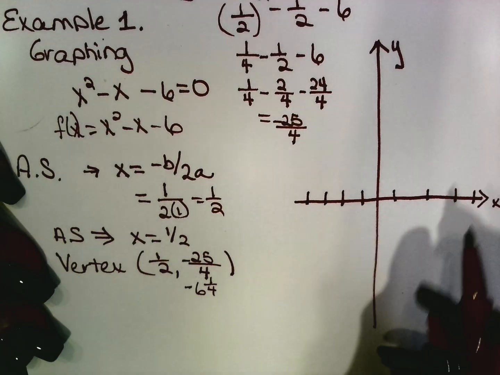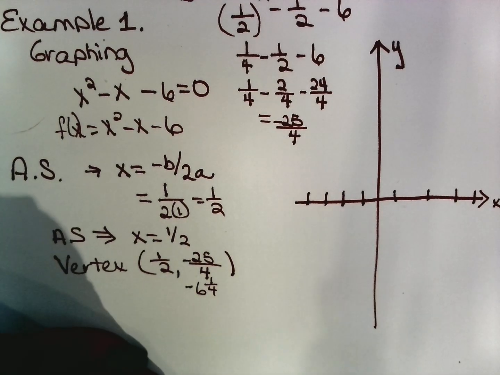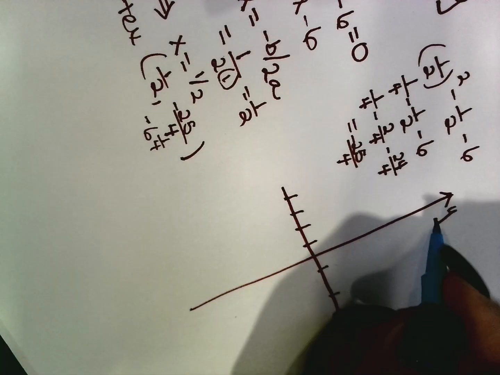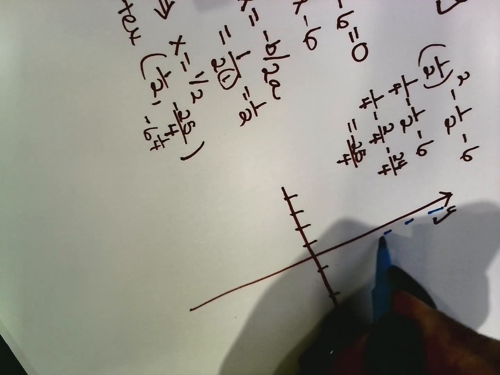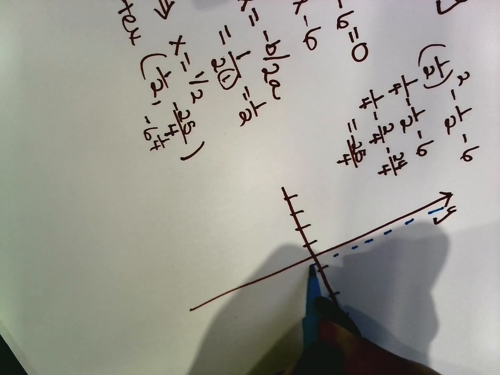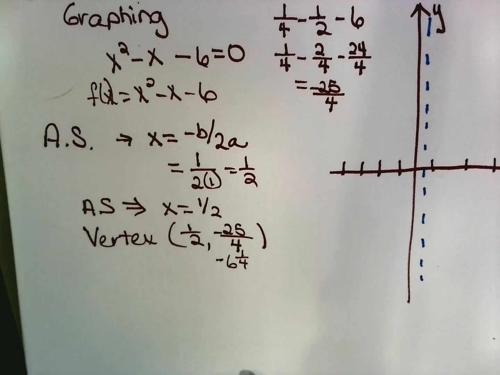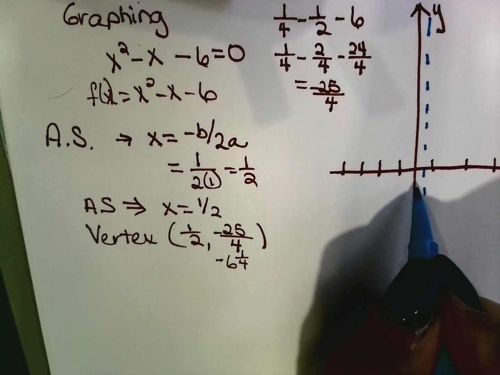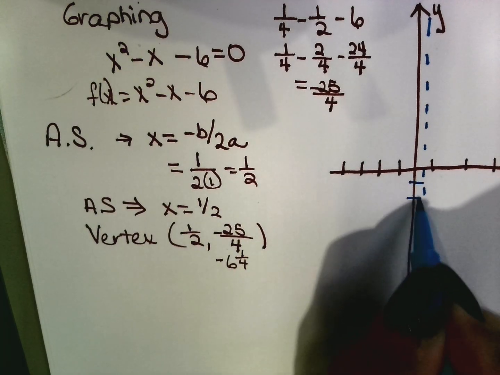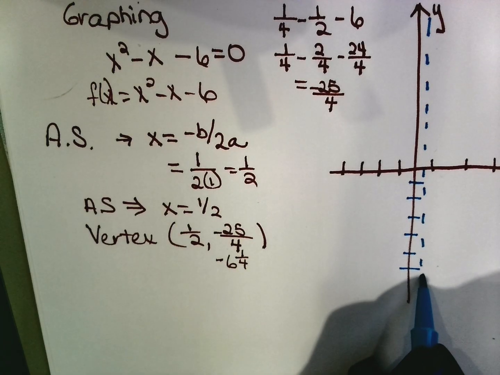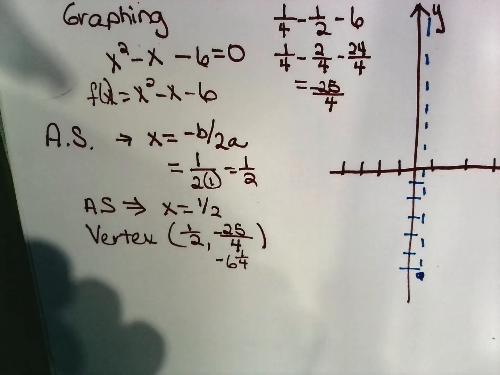All right, so the vertex is at 1/2. So again, we're just going to kind of eyeball this. This is going to be our axis of symmetry at positive 1/2, and then we're going to go down to negative 6¼, so 1, 2, 3, 4, 5, 6, and a smidge, so we'll go right around there.